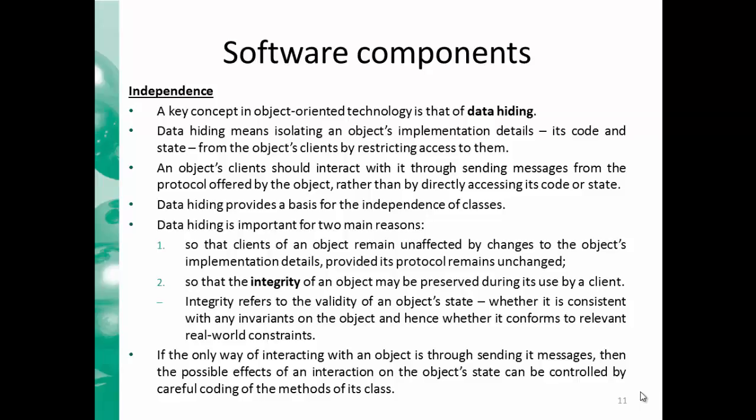Another very important concept in the object-oriented technology and paradigm, besides encapsulation, is data hiding. Data hiding means objects can hide their data and their implementation details from other objects. So if one object wants to interact with another object, the only way of interaction is to send a message.